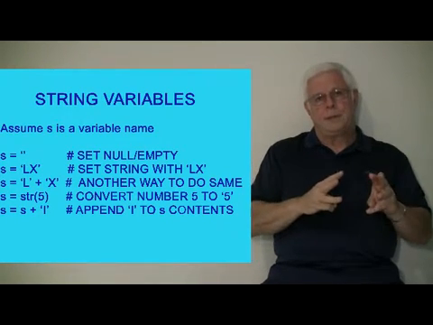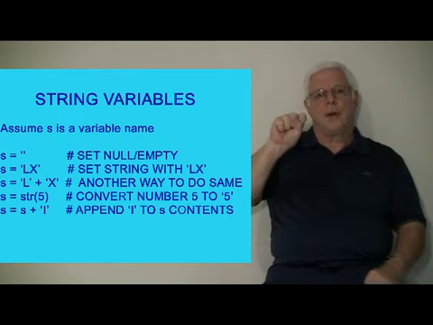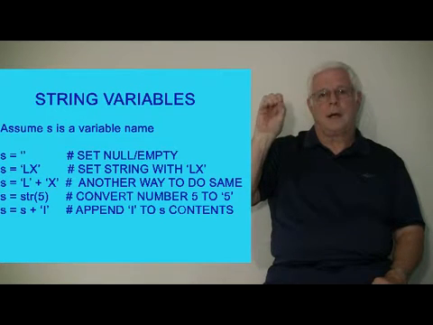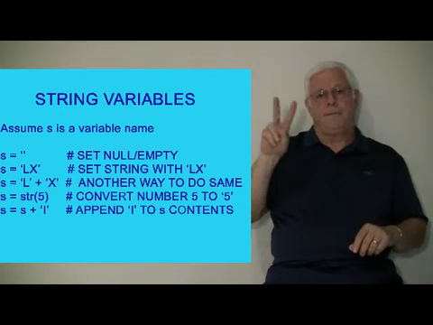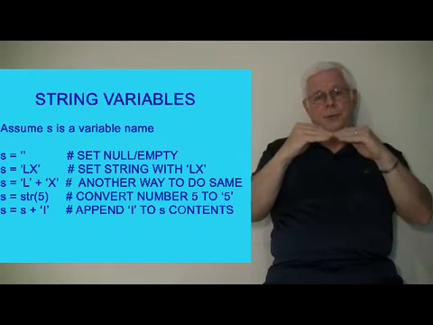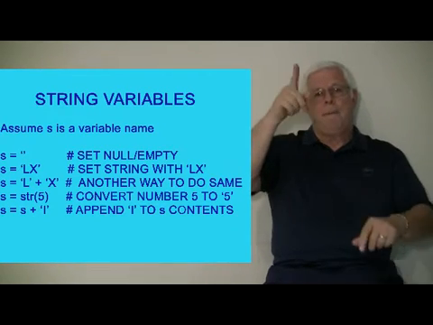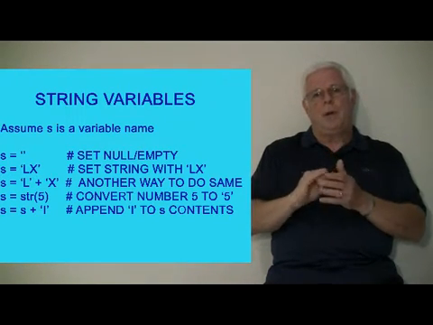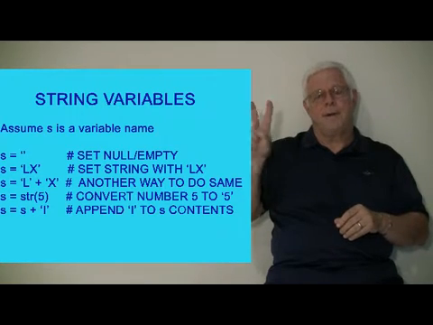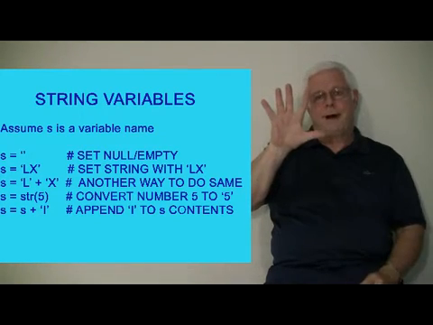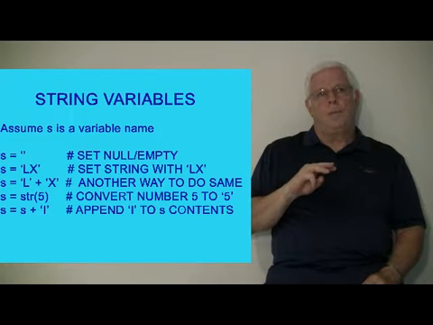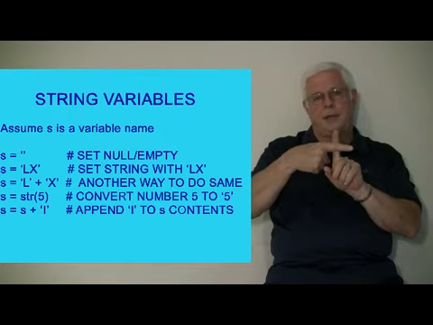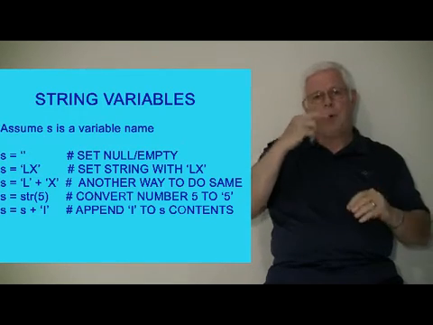Another way is to use the str string function and say variable name S is equal to str paren, the number 5, close paren, and that will put inside the S variable the character for 5. We're going to be using in our program the concatenation to build our Roman numerals.